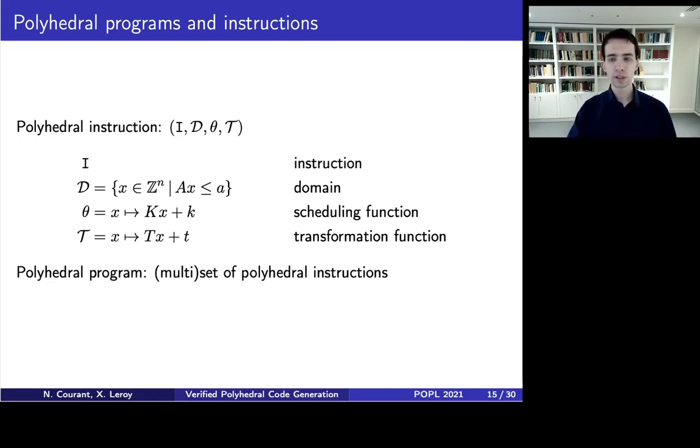A polyhedral program is simply a multiset of polyhedral instructions, where each polyhedral instruction consists of a base instruction, typically an assignment; a domain, which is a set of points where to execute the instruction, and this domain must be a polyhedron; a scheduling function which specifies the iteration order; and a transformation function which gives parameters to the actual instruction from the point in the domain.